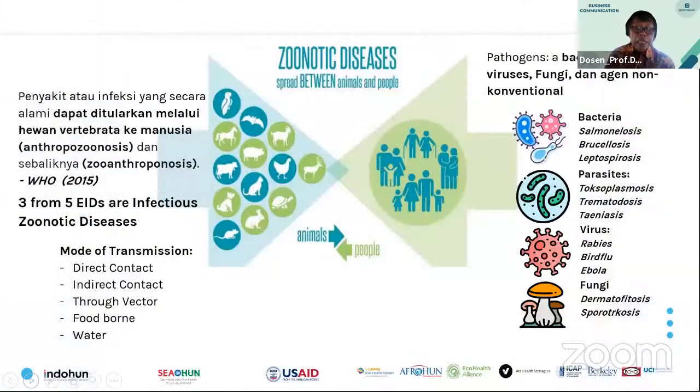So talking about zoonotic diseases, as in my introduction, zoonotic diseases are spread between animals and people. The definition is a disease that is naturally transmitted from animal to human being, or vice versa, from human to animals, and around 75% of emerging infectious diseases are zoonotic.